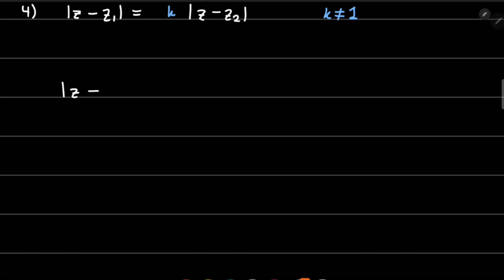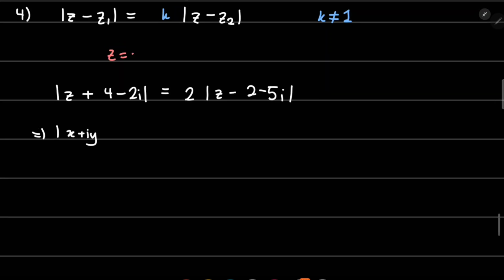Suppose I have |z + 4 - 2i| equals 2|z - 2 - 5i|. I'll use x + iy in place of z. Z is x + iy.